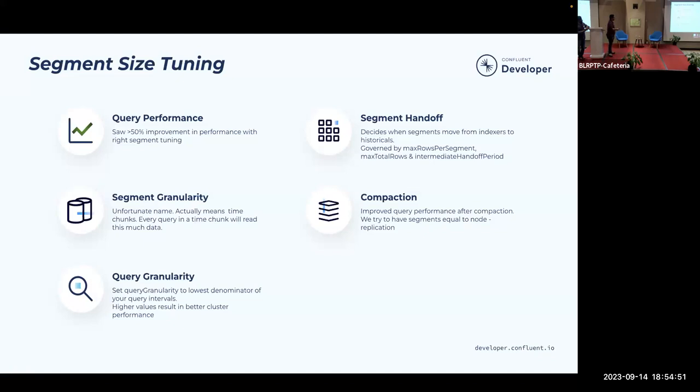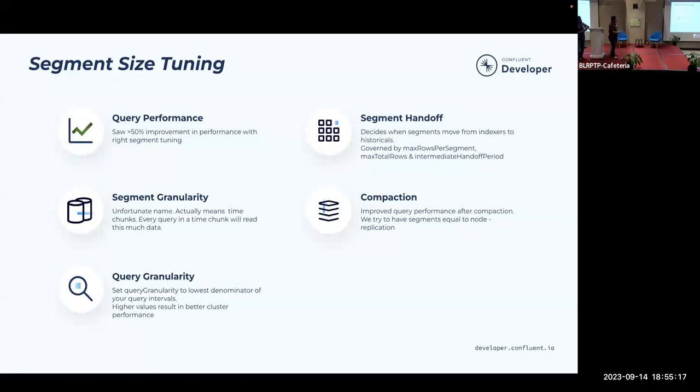And segment handoff. Segment handoff is when an indexer or a middle manager reads data, builds a segment, and hands it off to historicals, right? This is pretty important because indexers right now hand over everything that they have. There's no way to hand off a part of the data and continue serving queries on the other part, right?